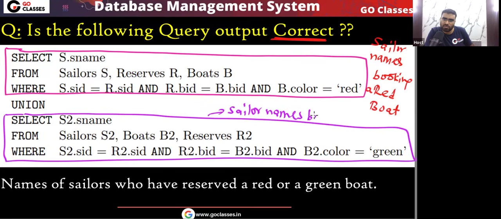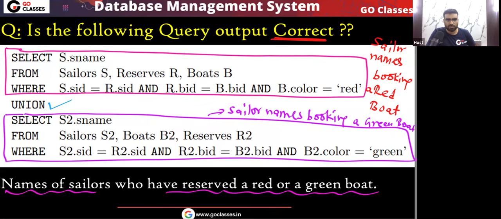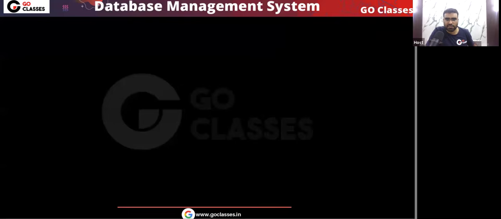And then we are doing the union of them. So will it give me seller names who have reserved a red or a green bot? Yes, it will give me. There is no problem. Very simple.